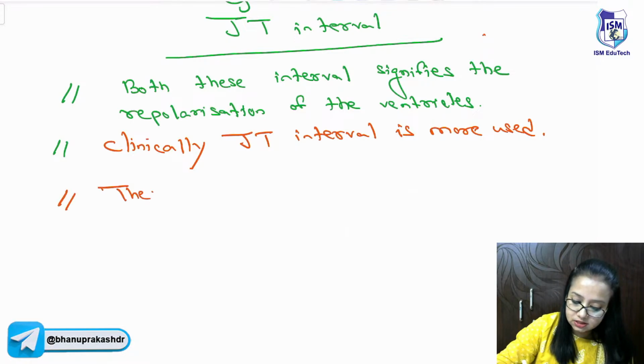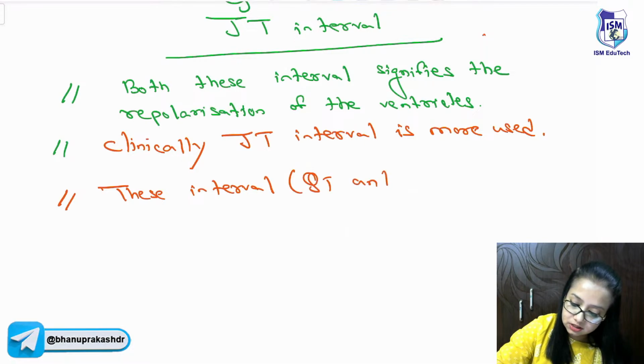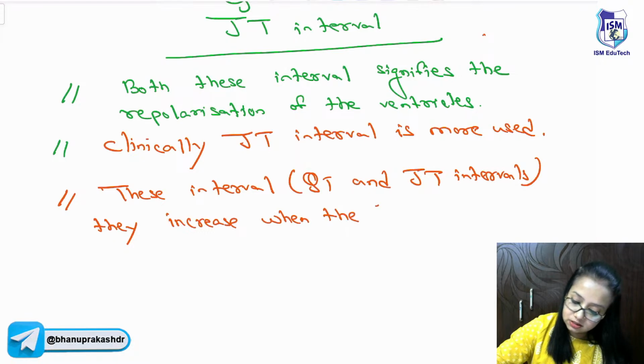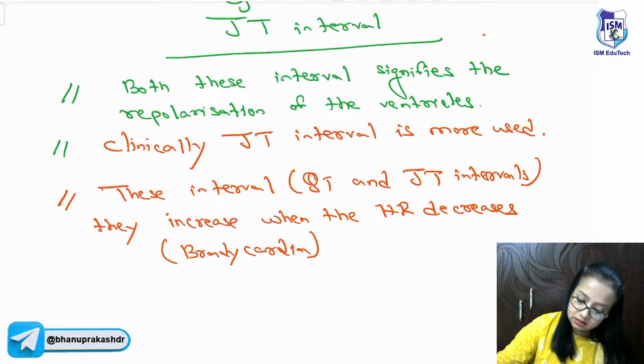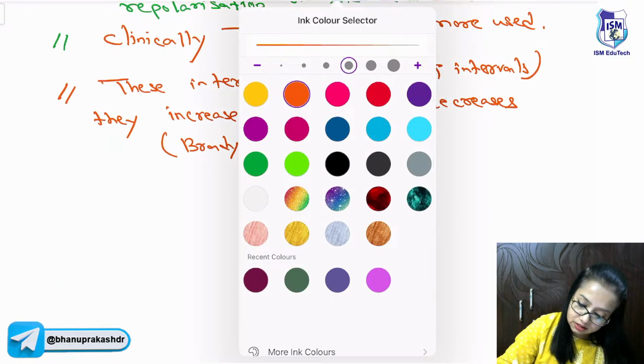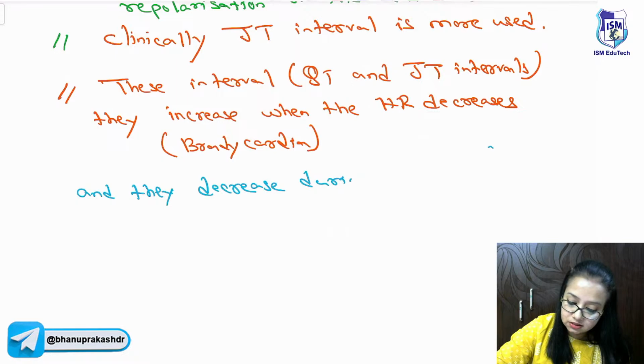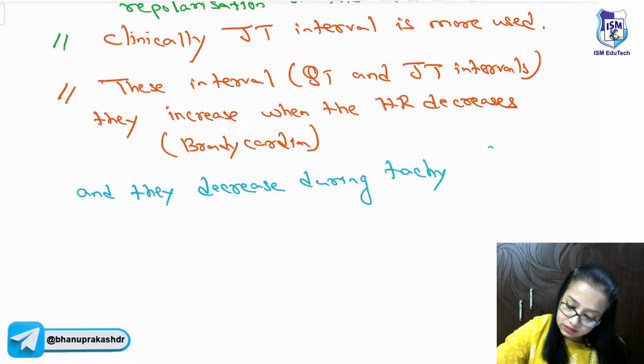Third, these intervals, both QT and JT intervals, increase when the heart rate decreases, that is during bradycardia, and they decrease during tachycardia.